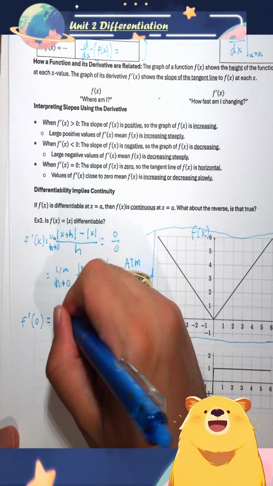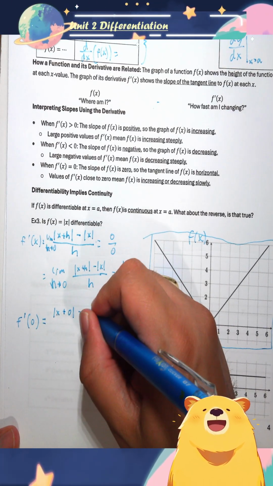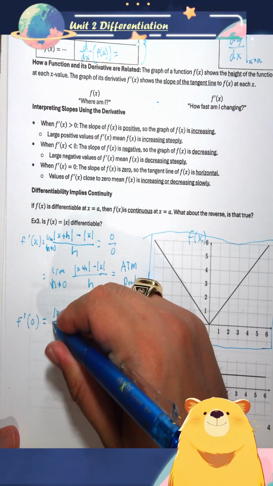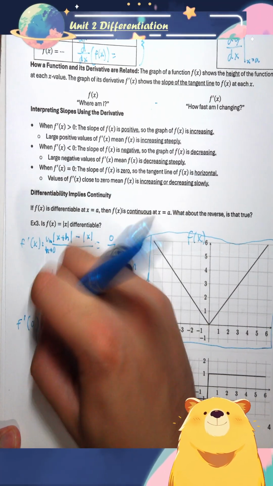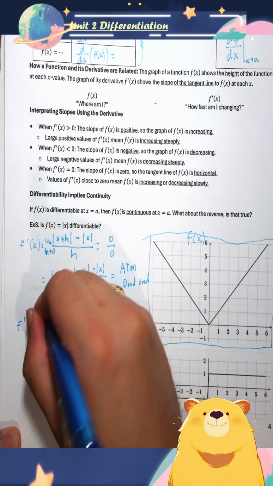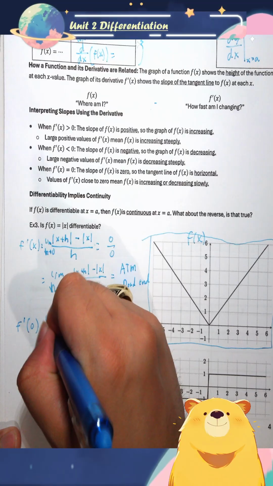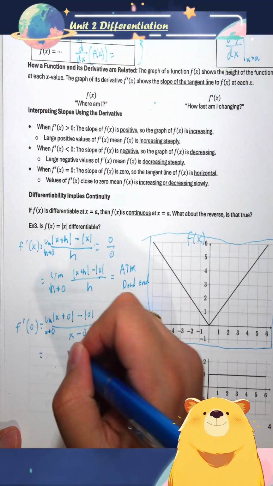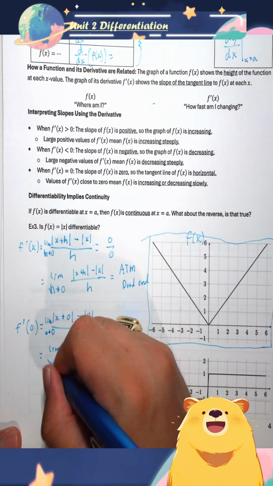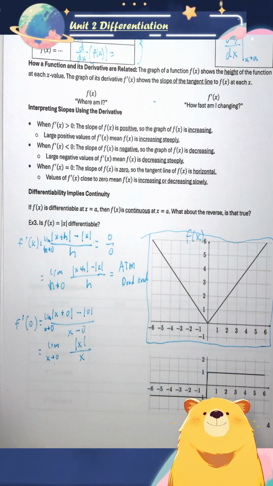That gives us the absolute value of x plus 0 minus absolute value of 0 over x minus 0. So that simplifies into the absolute value of x divided by x.